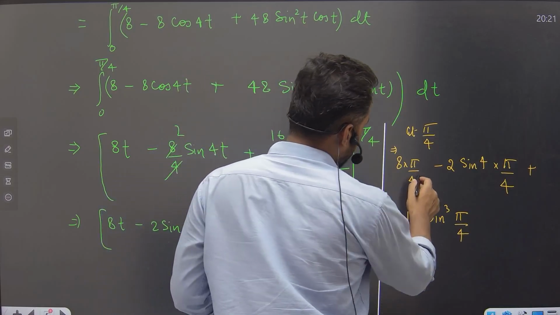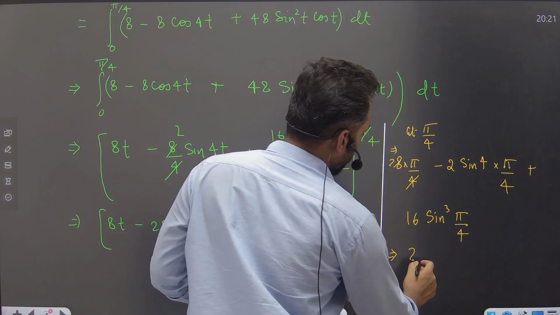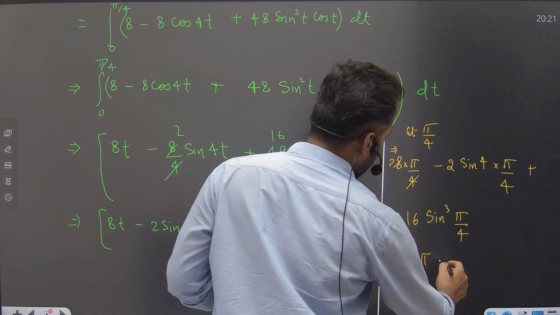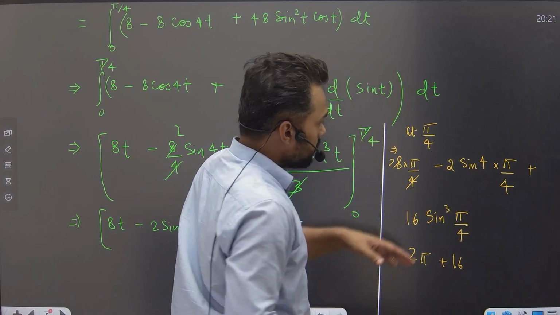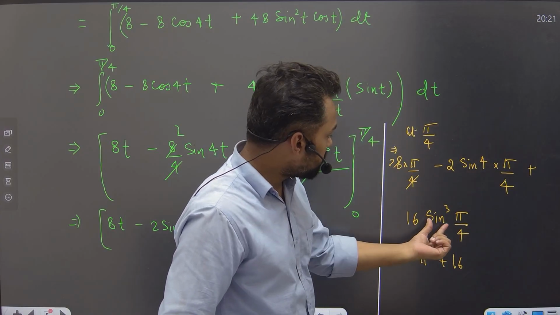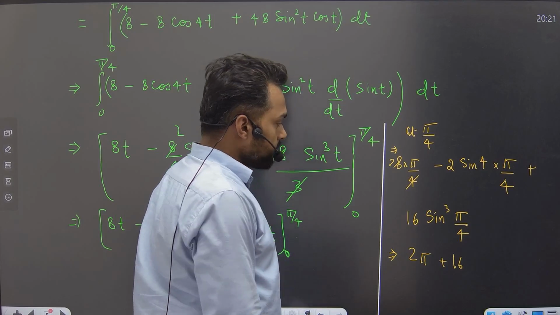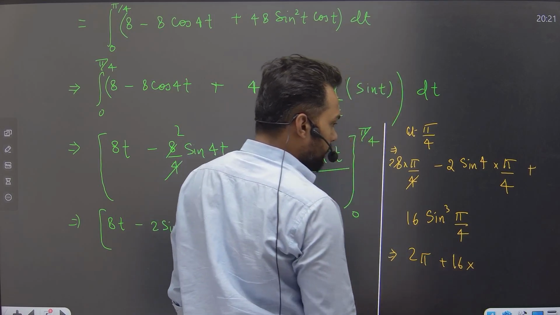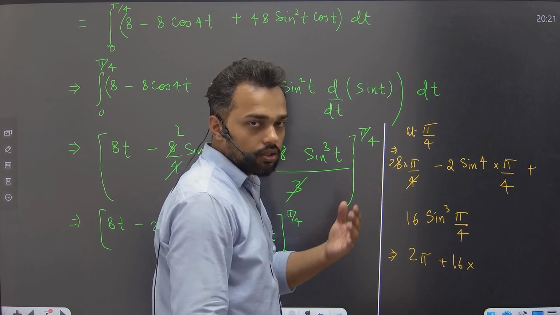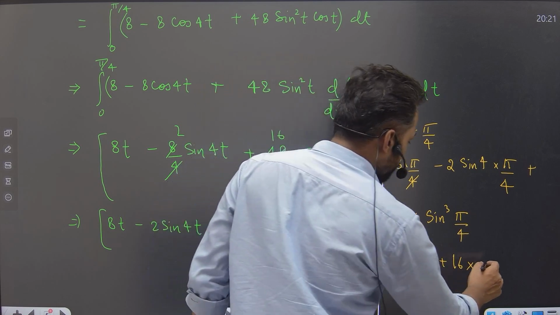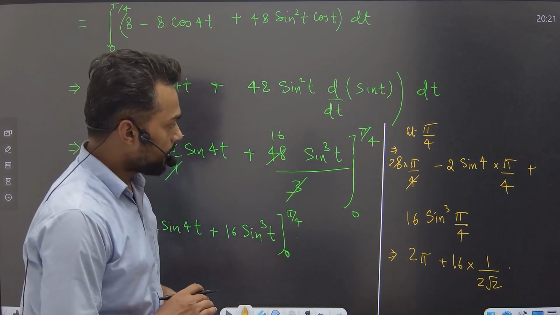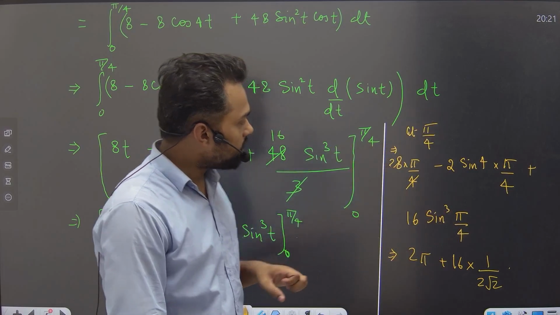So what we'll get here, we'll get 2 pi here, 2 pi negative of, this part will be 0, plus of 16 times of sine, here we'll get sine pi, so it will be 0, plus of 16 times of sine cube pi by 4, so it will be 16 times of sine pi by 4 is 1 by root 2, so the cube of 1 by root 2 will be 1 by 2 root 2. This at pi by 4 we are getting this value.